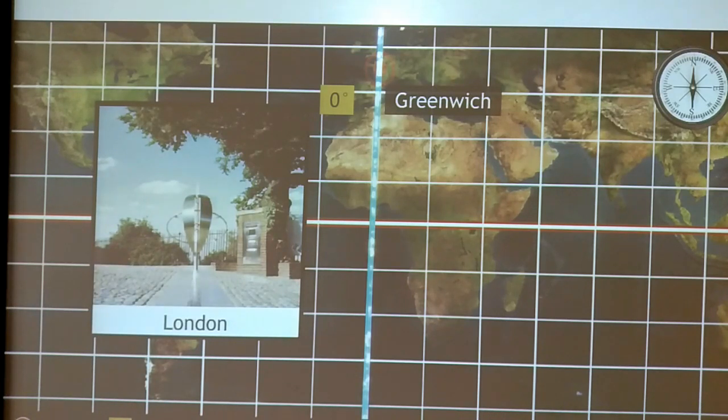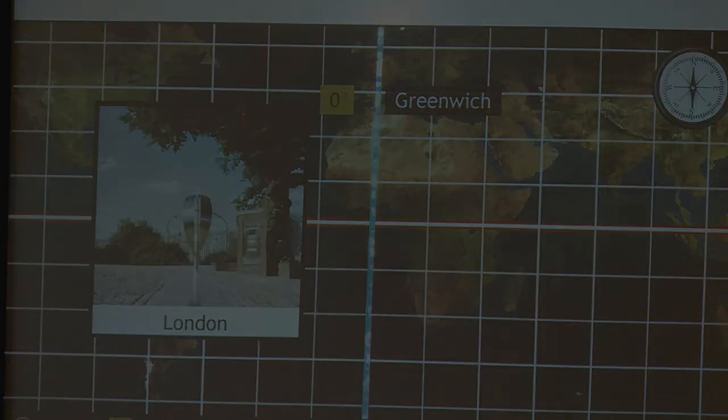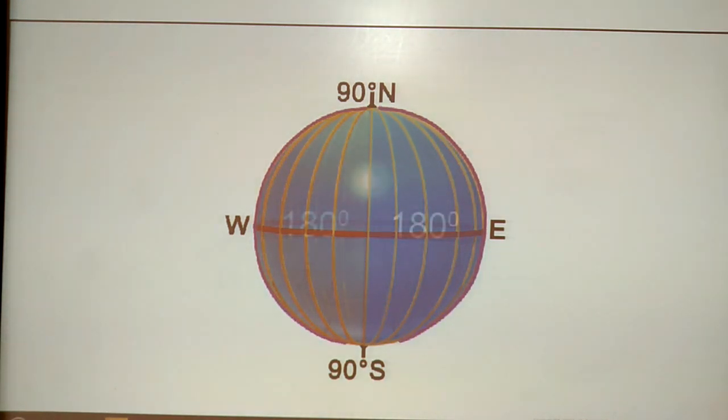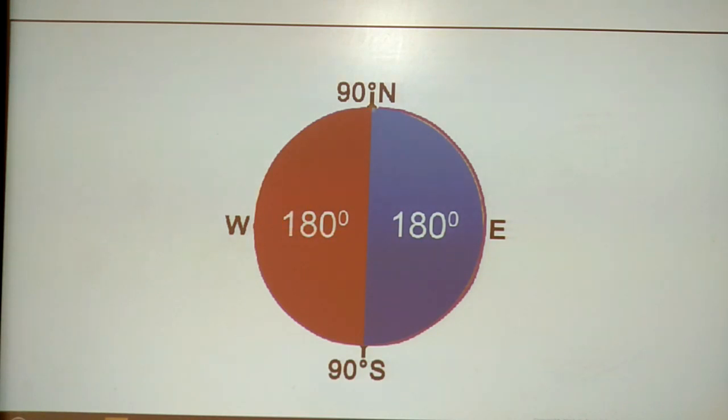It runs through Greenwich in London. As the prime meridian has a degree of 0, to study the other longitudes, as you can see in the picture, there are 180 lines of longitude from the prime meridian to the east and to the west.